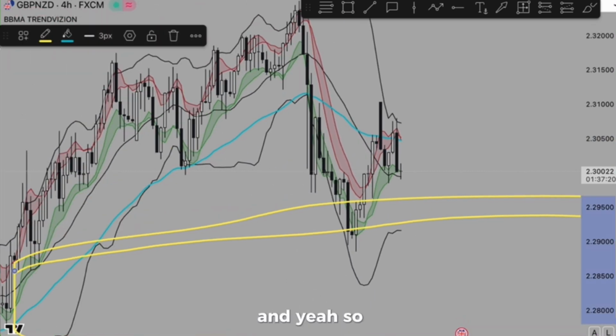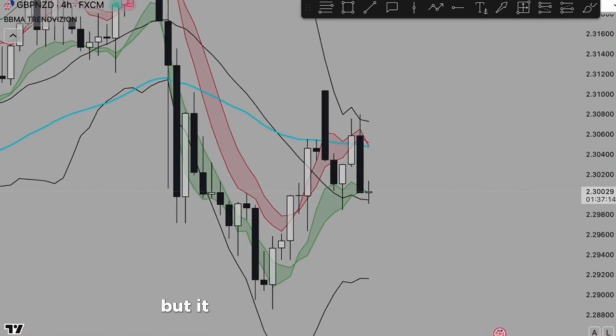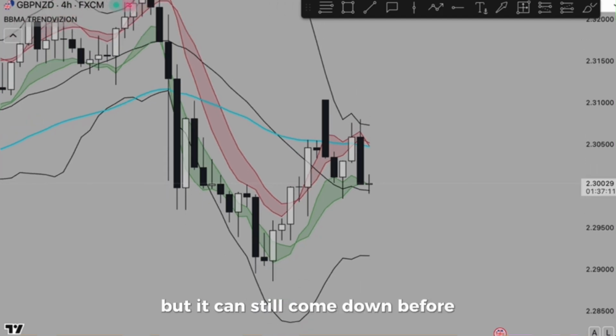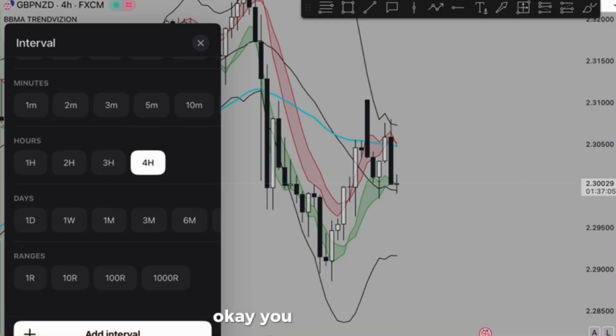So basically it's overall in an uptrend, but it can still come down before it goes up, and because of that you can't just take entry buy, okay? You have to wait.